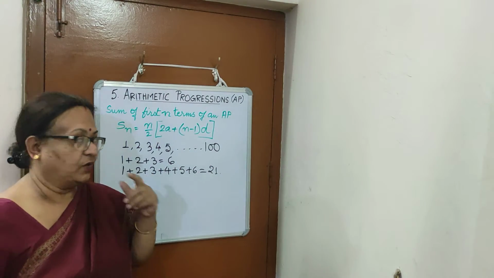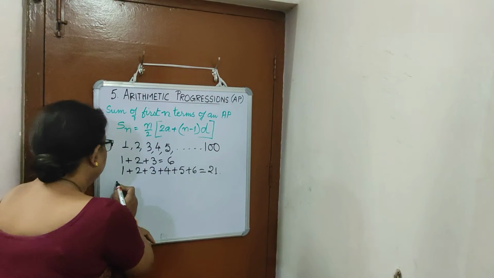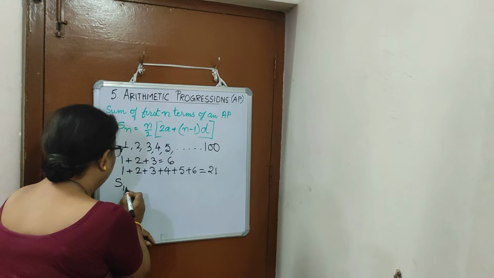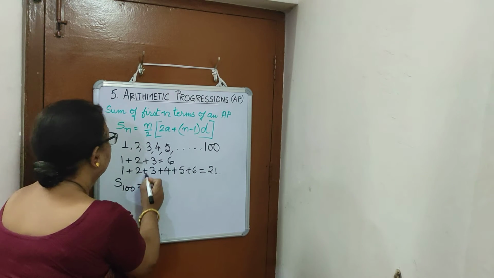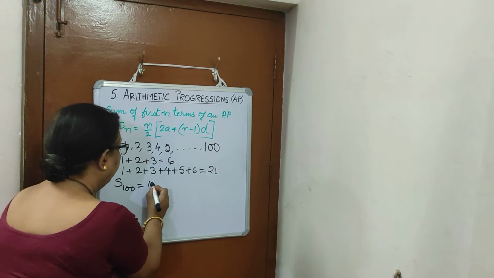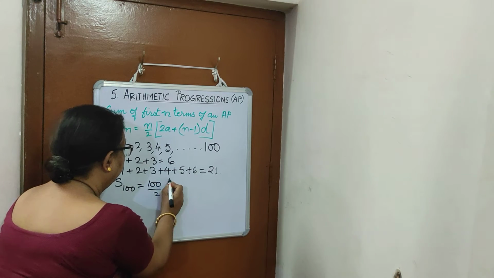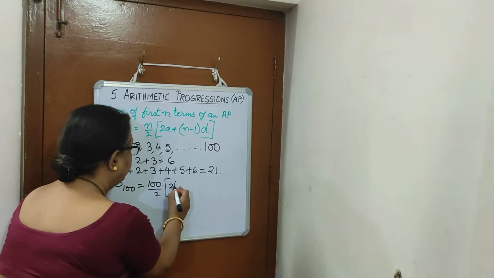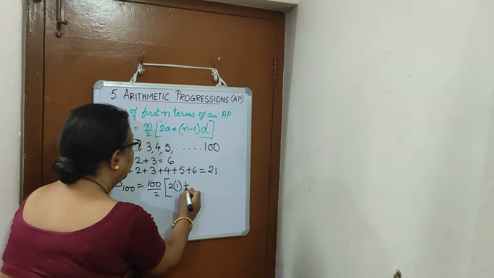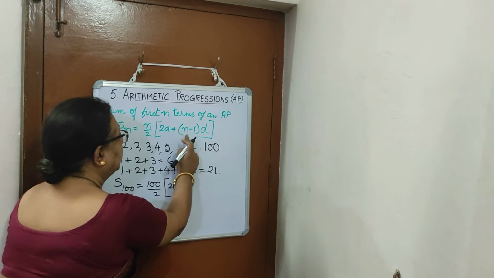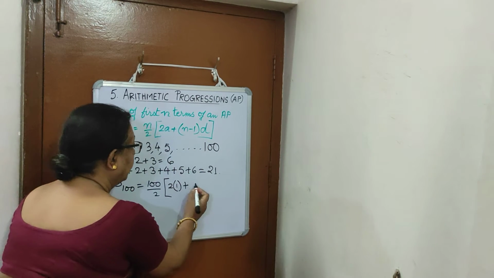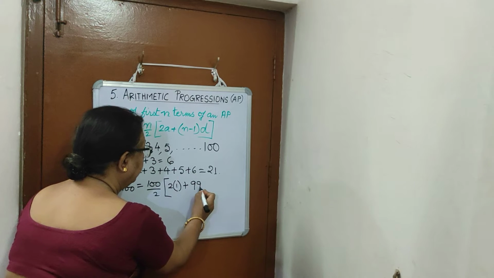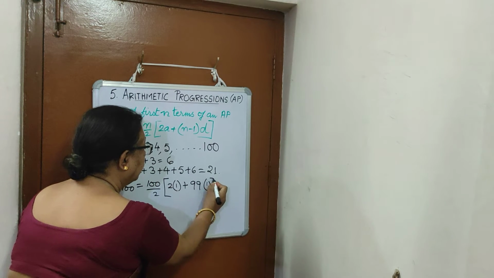Let us find out. So Sn is 100 by 2, n again 100, into 2 times the first term, plus n minus 1, that is 100 minus 1. We can write 99, d is again 1.